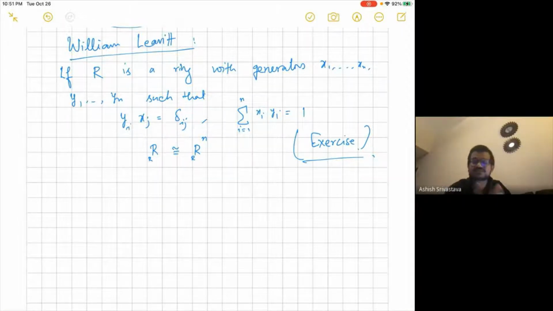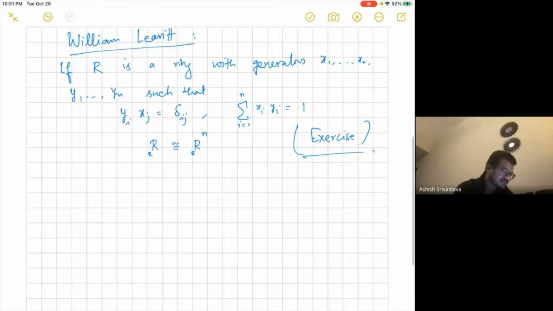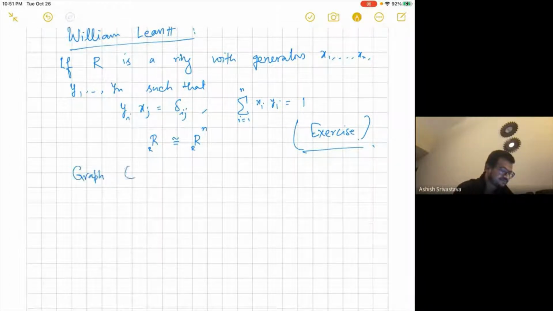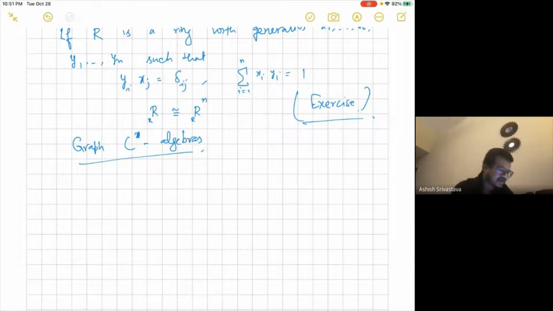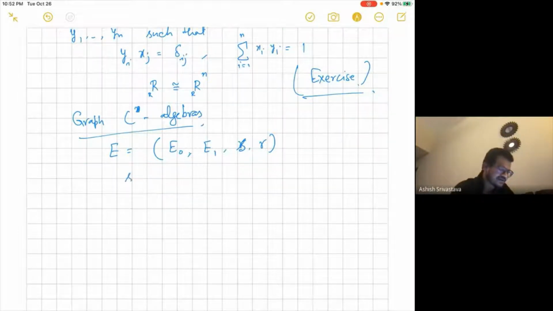And the second motivation comes from graph C-star algebras. So let me quickly tell you what graph C-star algebras are. So take a quiver, a directed graph, okay. So I'm denoting by E naught the set of vertices, by E1 the set of edges, and two functions, let's say S and R. So S and R are functions from E1, the set of edges, to the set of vertices.